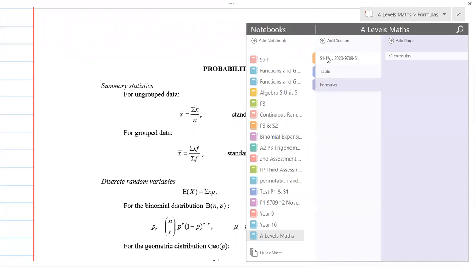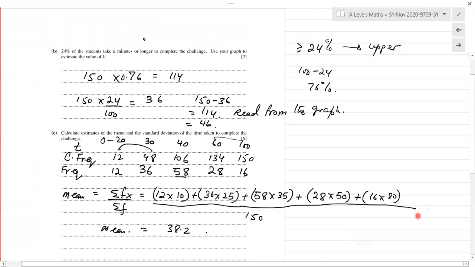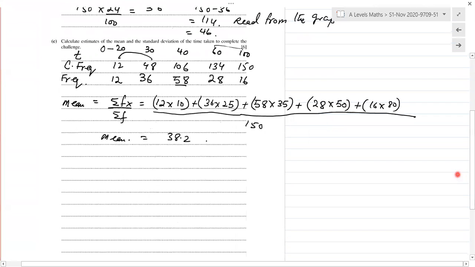So now let's go back. So now we're working out the standard deviation. Or let's just work out the variance and then we'll take the square root and we get the standard deviation. So we have 12 times x squared, which is x was 10 squared. This is x.